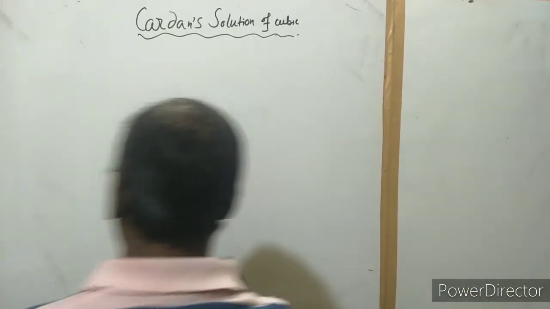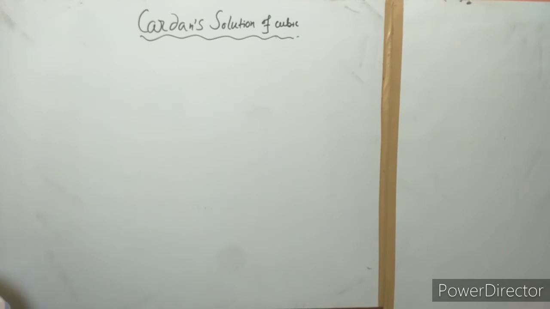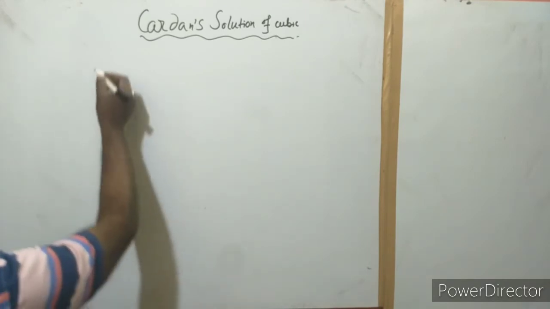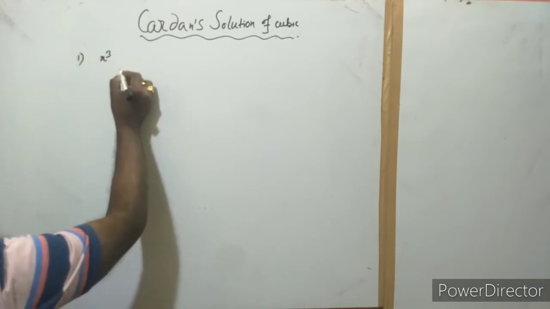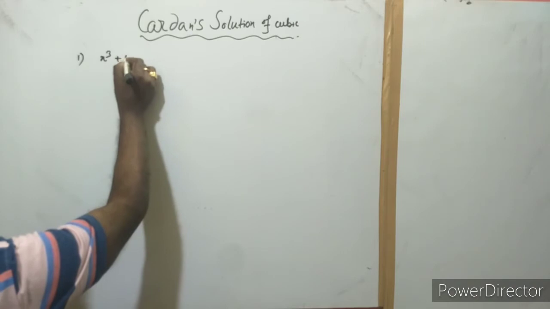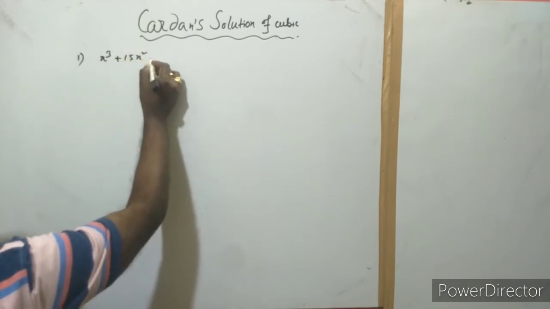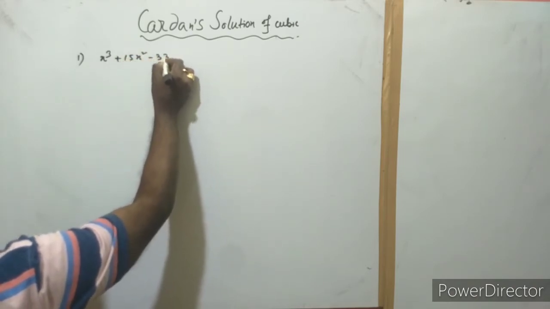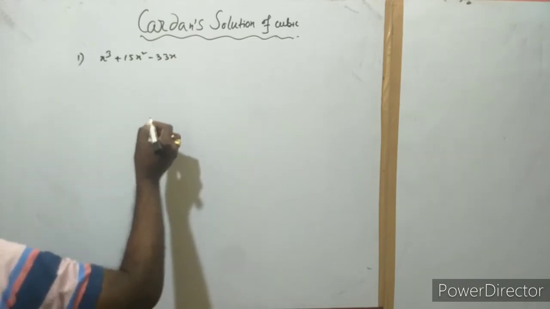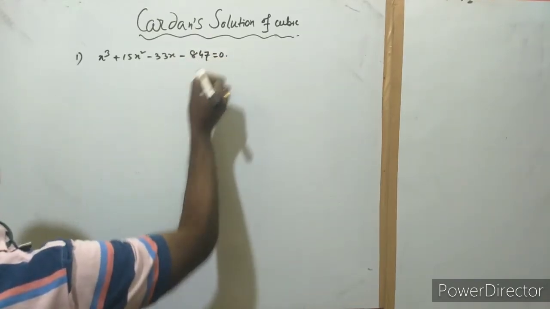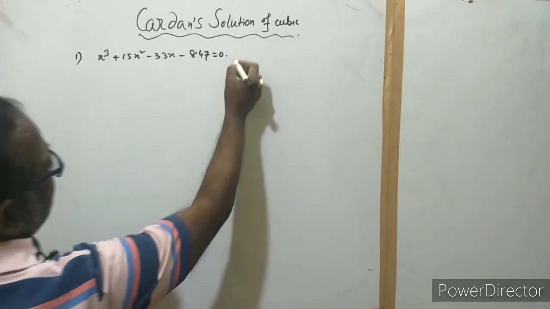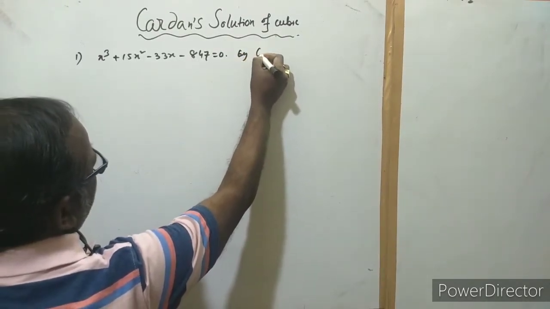Now we want to introduce a problem solved by Cardan's method: x cube plus 15 x square minus 33x minus 847 is equal to 0, by Cardan's method.